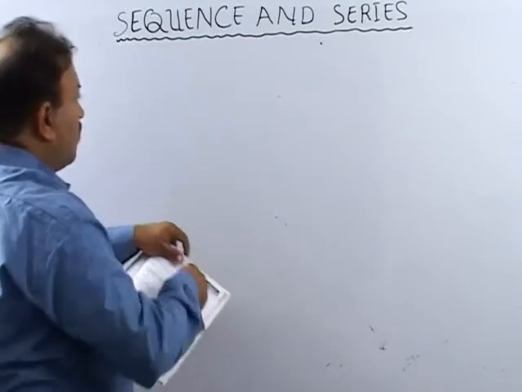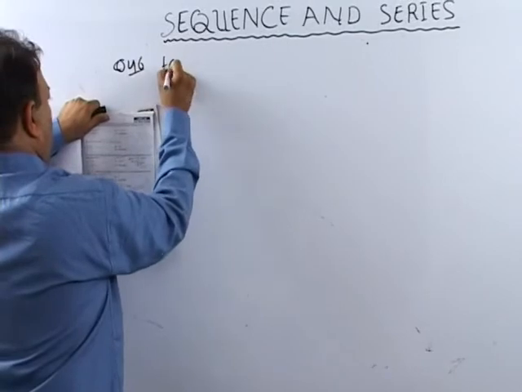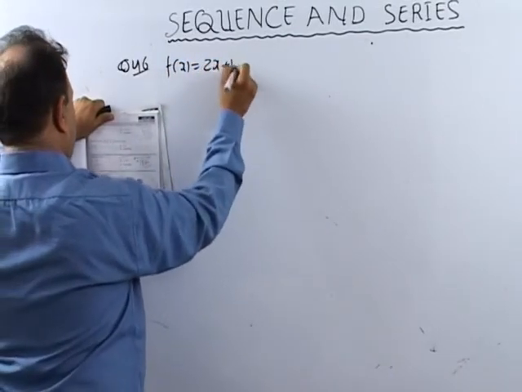We have been given the question: f of x is 2x plus 1.